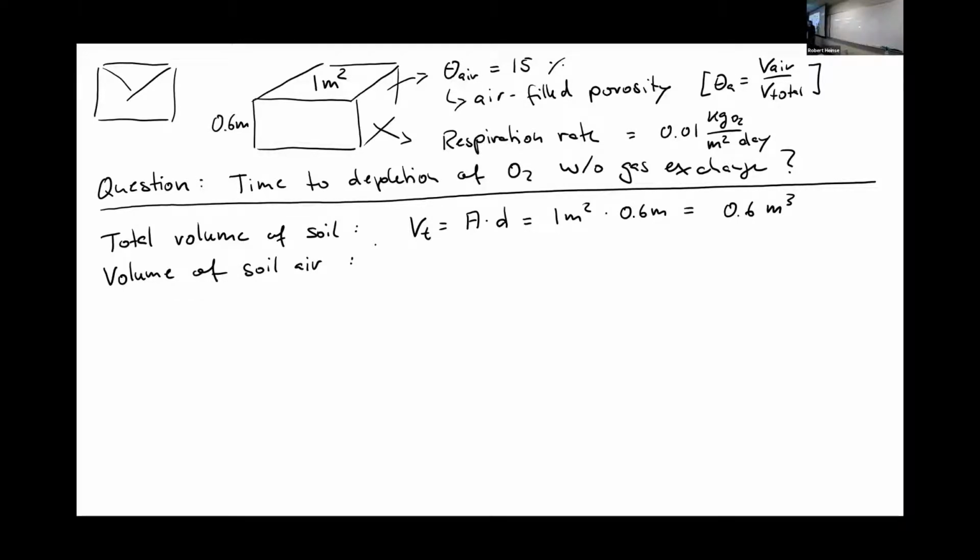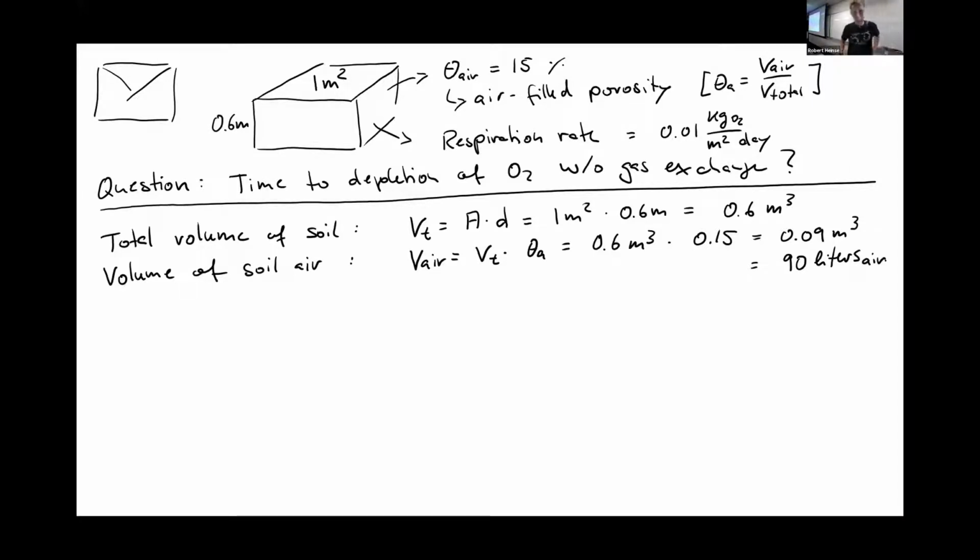Volume air equals volume total times theta A, or 0.6 meters cubed times 0.15, and that gives us 0.09 meter cubed, which is also equal to 90 liters of air.